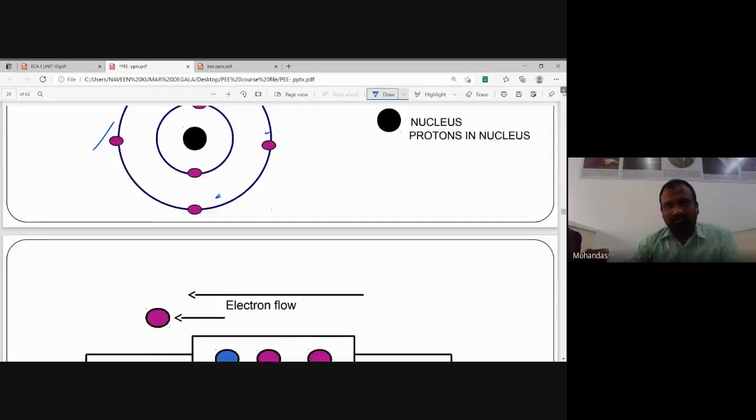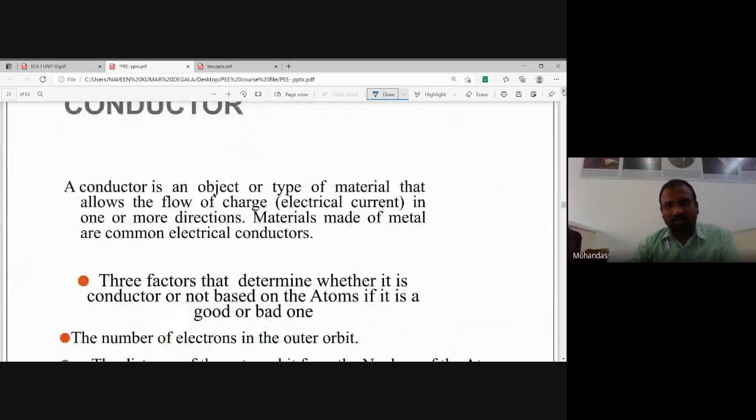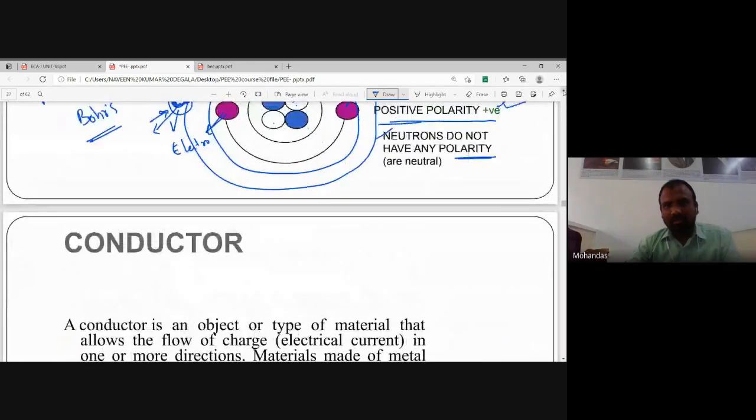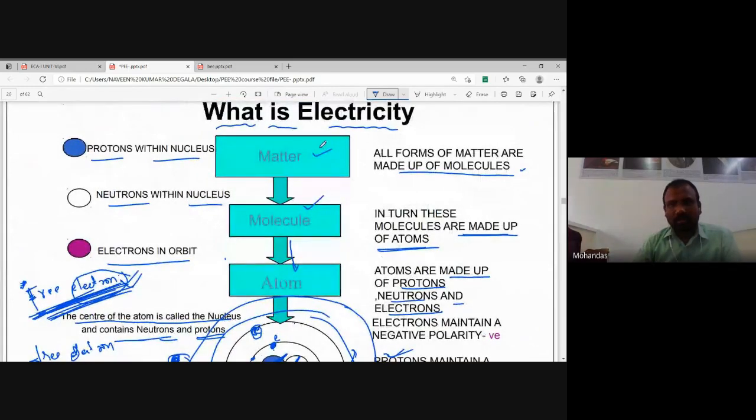So this is about the free electron. Once you understand the concept of the free electron, we can define matter related to particular materials.